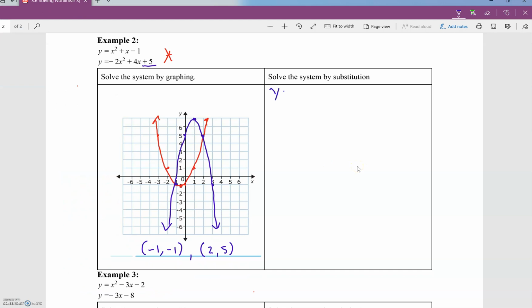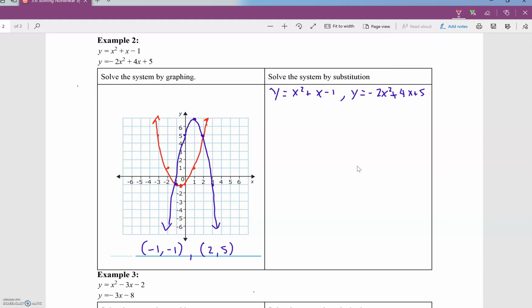We've got y equals x squared plus x minus 1, and y equals negative 2x squared plus 4x plus 5. Our two equations that we started with. We're going to solve by substitution. And we know what we're supposed to get. Let's talk about the process for getting there. The process for substitution is isolate or solve for one of the variables and substitute into the other equation.